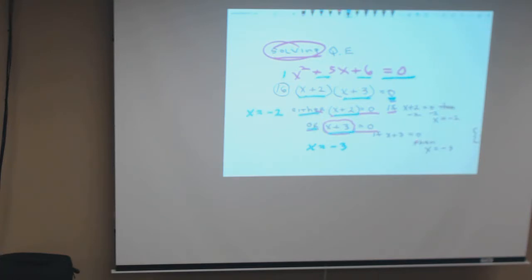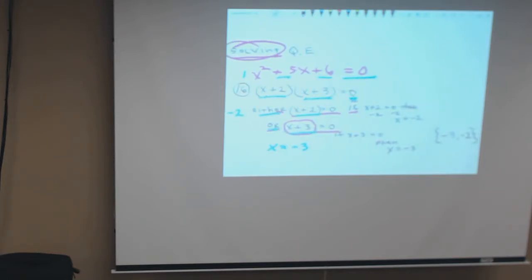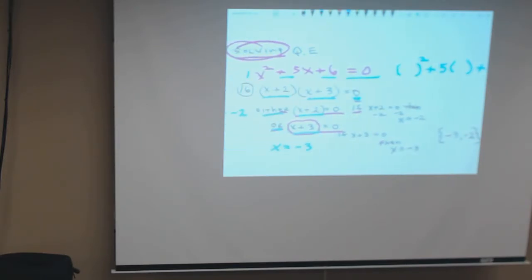So now watch how this works. Let's go here and work it. I have two solutions here. I'm going to put negative 2 in place of x. So I'm going to go x squared plus 5 times x plus 6 equals 0. The first thing I'm going to put here is negative 2.